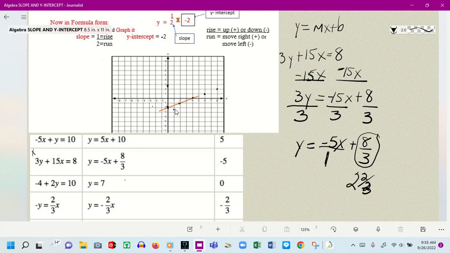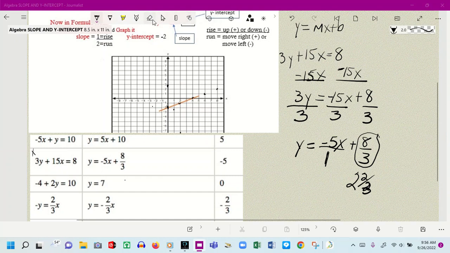Let's do another one. 1, 2, 3, 4, 5, and a run to the right. There you go. So now we can see our line. Our line for y equals negative 5x over 1 plus 8/3. This is the line for that equation.